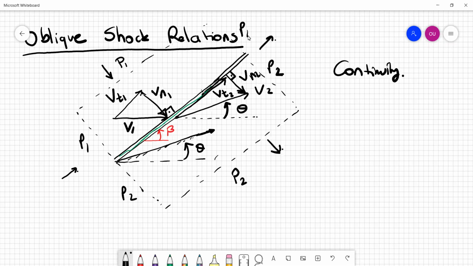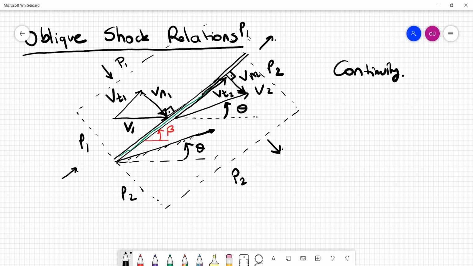The reason is that in the normal direction, the flow actually experiences the shock wave. It does not experience it in the tangential direction because the velocity is parallel to the tangential direction. It just flows parallel to the shock wave.